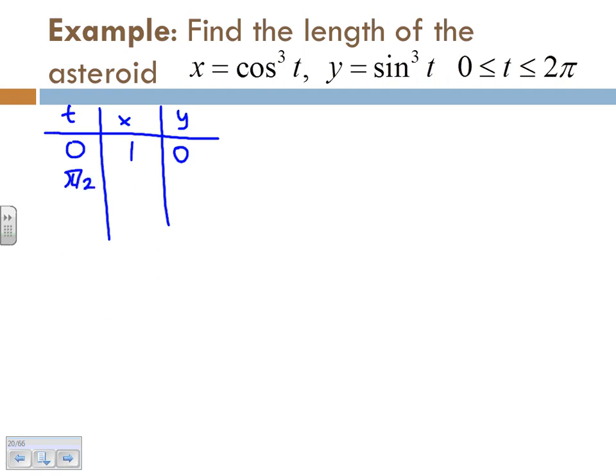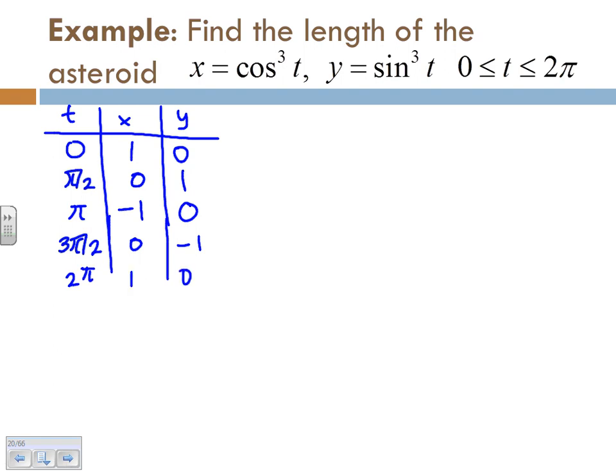What happens? They switched. Where do you want to go next? Pi. What do you get here? Negative 1, 0, and then let's go to 3 pi over 2. 0, negative 1, and then back to 2 pi, we are back where we started, right?